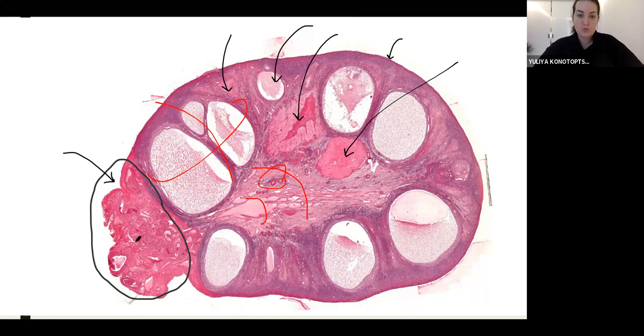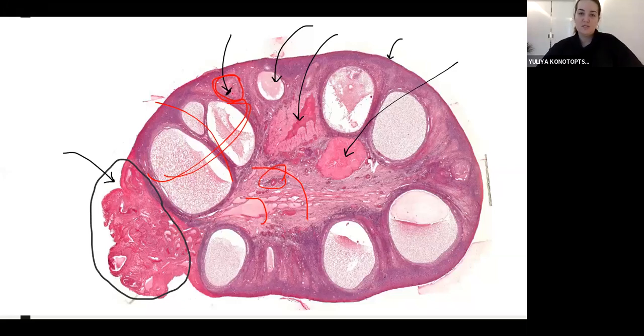They will become corpus atreticum. They will become this part. This is a dead follicle. It's the one that didn't reach the mature stage. They didn't mature to the tertiary stage, right? So this is the corpus atreticum. Eventually, corpus atreticum will become something like this. And this is your corpus fibrosum. You can see that eventually it collapses and becomes a body of fibers.